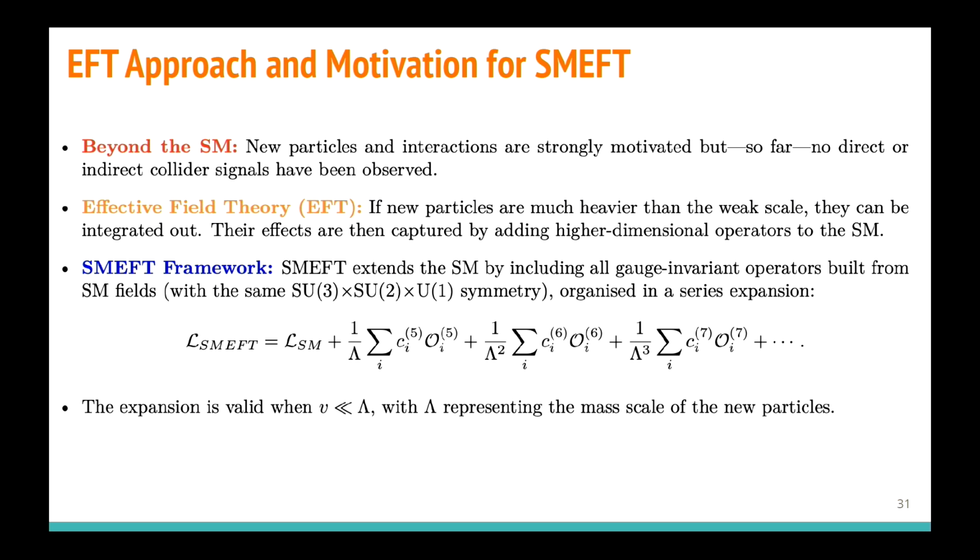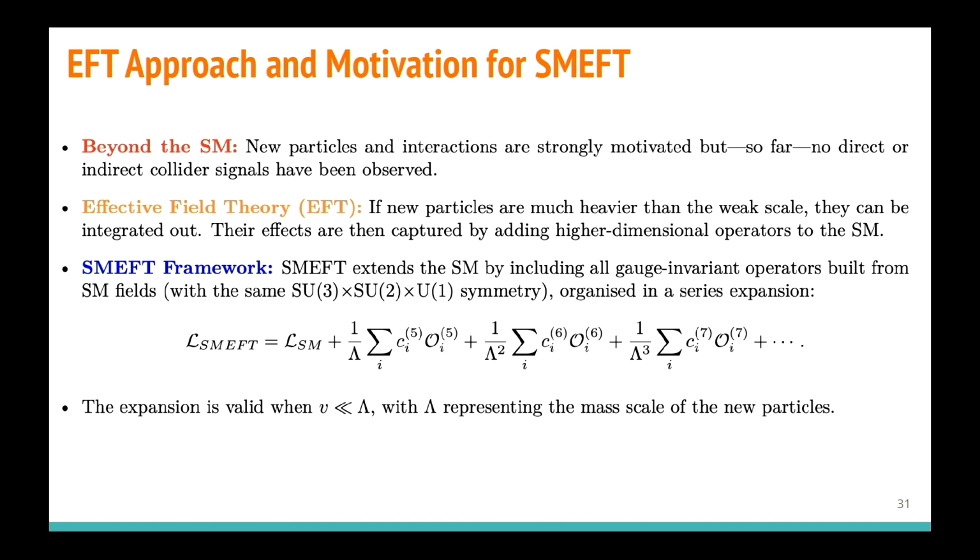So, the SMEFT extends the dimension 4 standard model by including all possible gauge invariant operators, if we write it in the bottom up approach, built from the standard model fields with the same SU(3)_C, SU(2)_L, U(1)_Y symmetry, and they are organized in a series expansion.